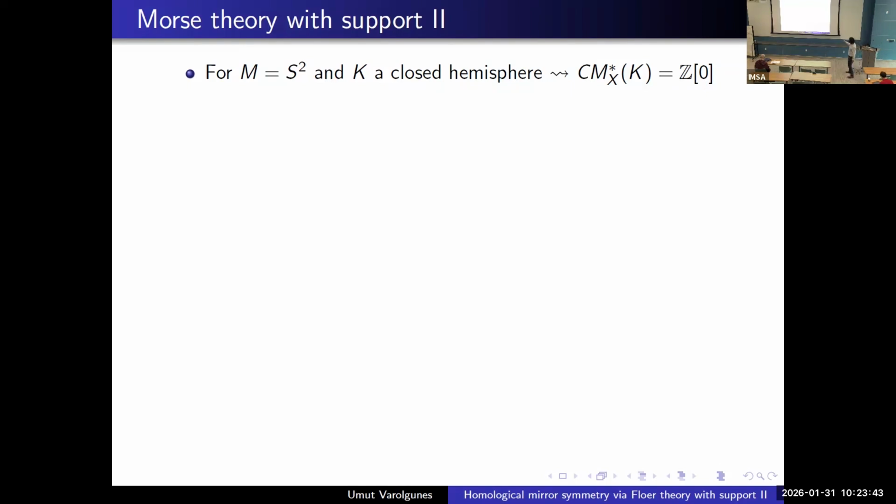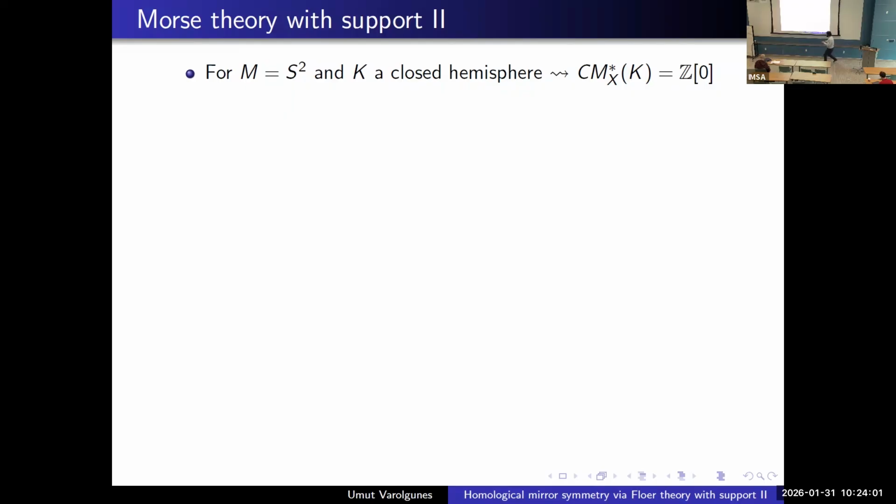If you take a two-sphere and a closed hemisphere inside it, then the invariant that comes out of this construction is supported in degree 0 and is one-dimensional.